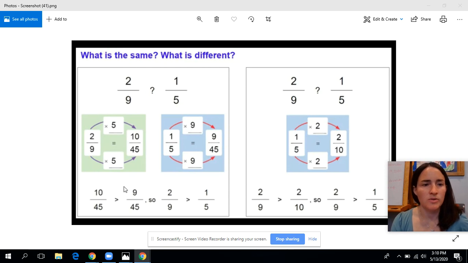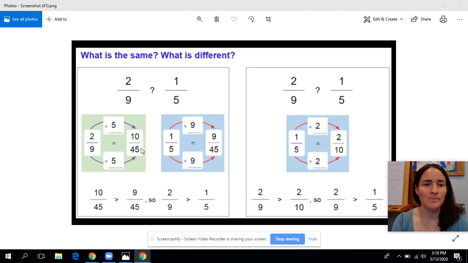So let's take a closer look at the work that was done. So when they multiplied 2/9 by 5 and got that 10/45, they now were dealing with two fractions that both had denominators of 45. So now we're comparing more apples to apples because we have the same denominator in both of our equivalent fractions now.